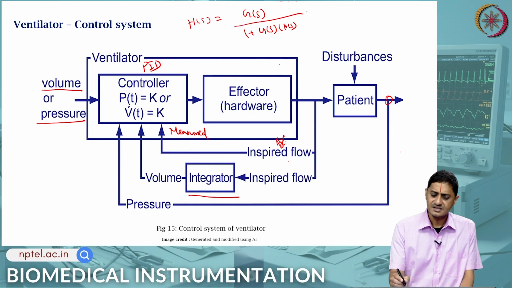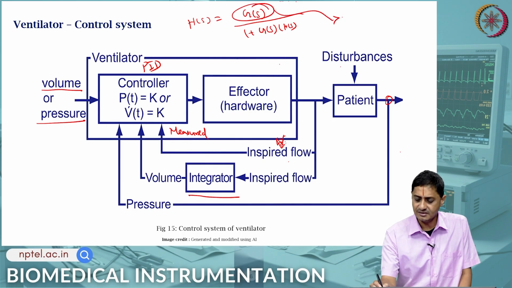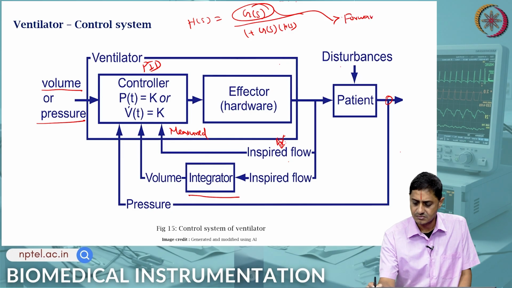The point is there is an open loop gain or forward gain, and then there is a feedback gain.